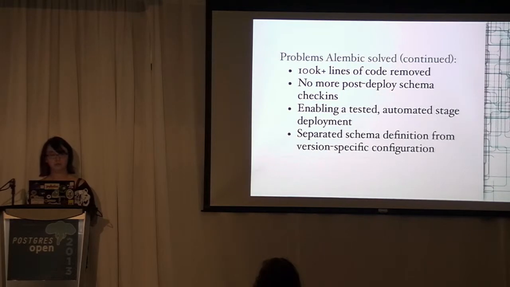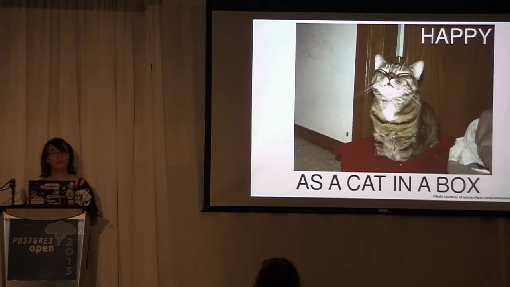So it's really nice to not have to worry about that anymore. So in the end, this is me. I was so happy, like a cat in a box. Anyway, a lot of my problems were solved, and I was extremely happy to start using this system.